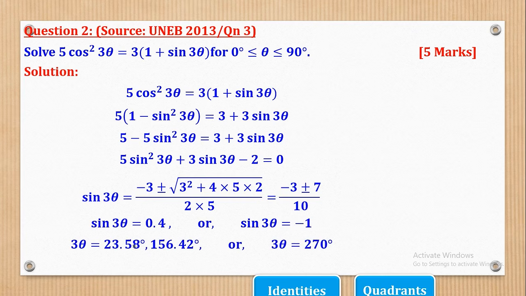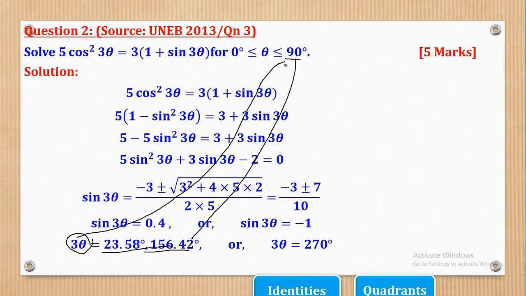Now I realize that this angle is greater than 90, but I'm putting it there. Why? It is because these angles are for 3 theta. Now what does 3 theta mean? It means that you go to this theta and multiply by 3.